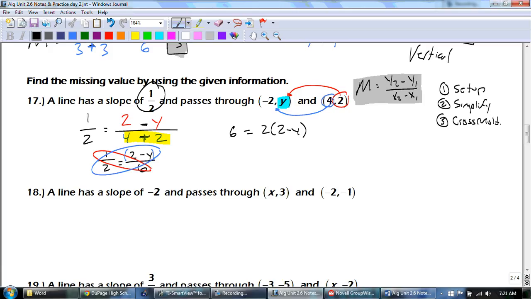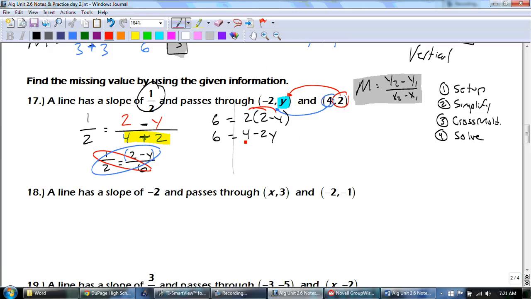And then we're going to solve. So when I'm solving, I would distribute. I'm just going to move this up a little bit so I have more room. And so I have 6 equaling 2 times 2 is 4 minus 2y.